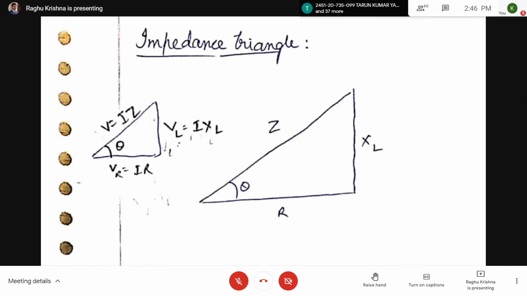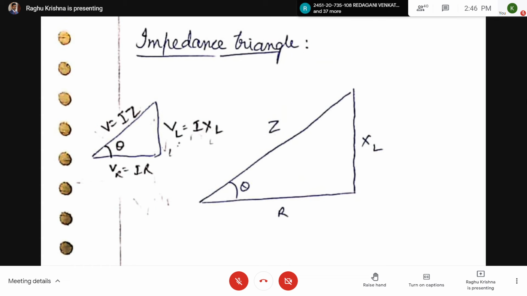If you remove I in all these elements, you are going to get an impedance triangle. On the x-axis you have R. On the y-axis you have XL. So you can see a horizontal line R and a vertical line XL.